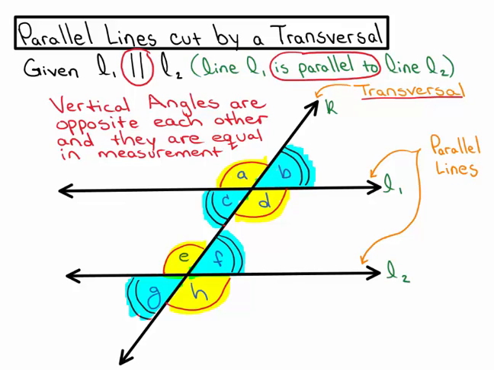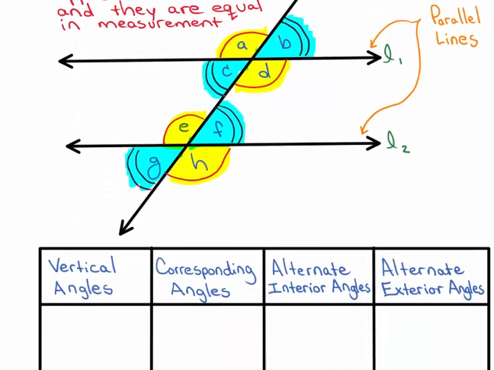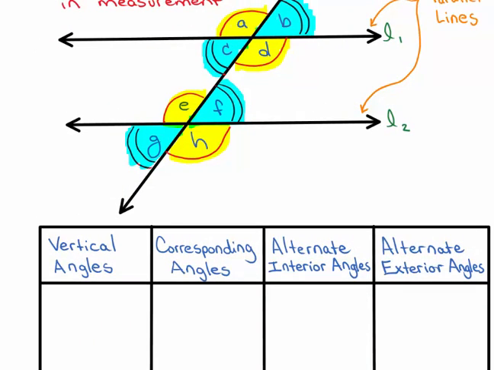Okay, let's go ahead and we're going to write that out right down here. So I'm going to write here angle A and angle D are vertical angles.